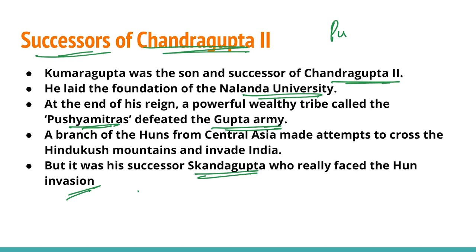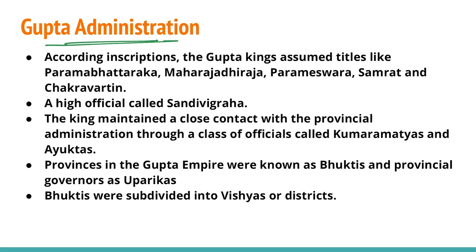This war must have been a great strain on government resources. After Skandagupta's death, many of his successors, like Purugupta, Narasimhagupta, Buddhagupta and Baladitya, could not save the Gupta Empire from the Huns, and ultimately the Gupta power totally disappeared due to the Hun invasion and later the rise of Yashodharman in Malwa.